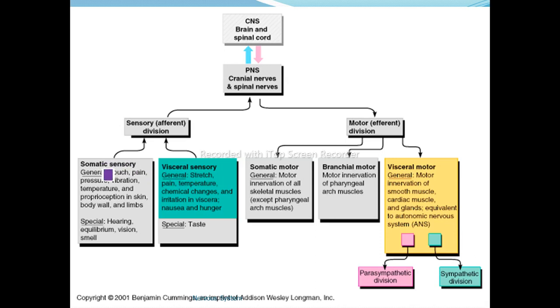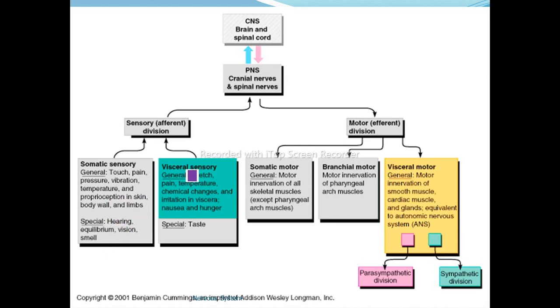Somatic sensory can be divided into general somatic sensory and special somatic sensory. General somatic sensory is responsible for touch, pain, pressure, vibration, temperature, and proprioception in skin, body wall and limbs. Special somatic sensory is responsible for hearing, equilibrium, vision and smell.